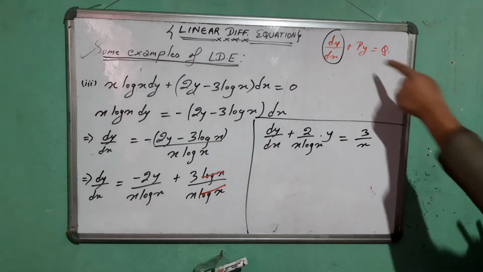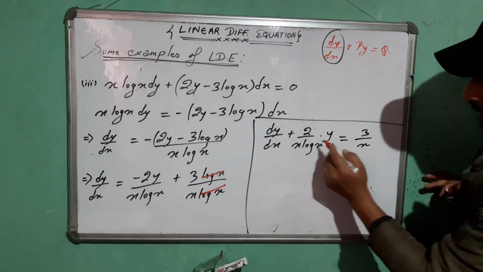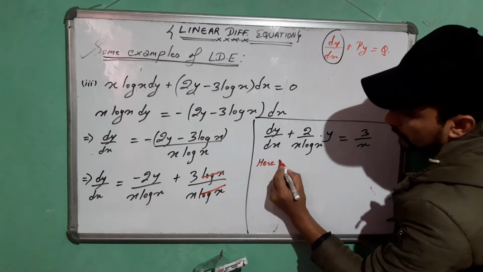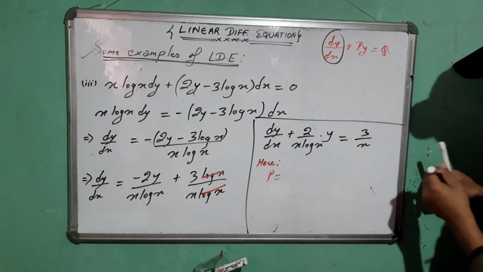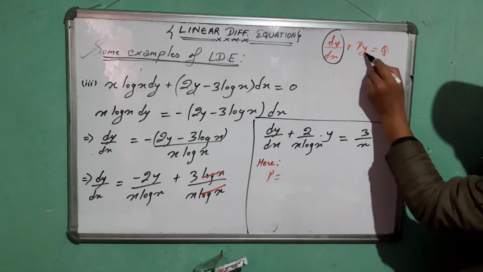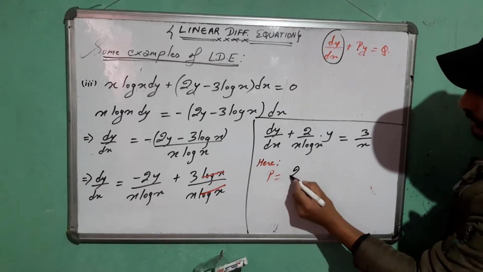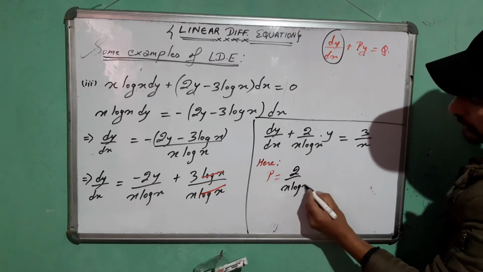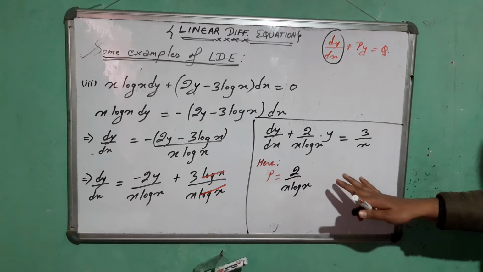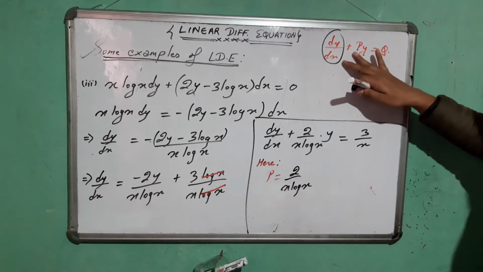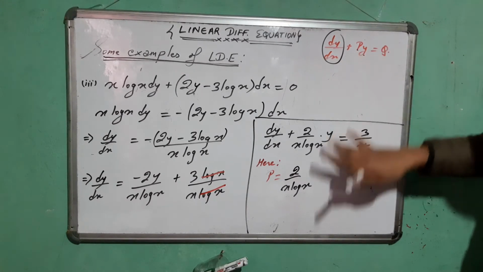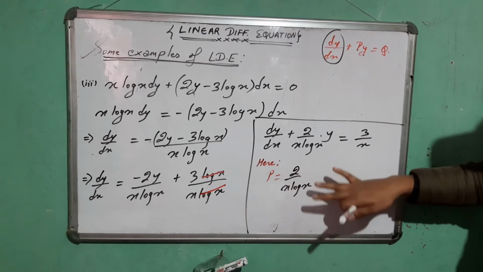So comparing with this one, here p means the coefficient of y is 2 by x log x. So our condition for p is that p should be either a constant or a function of x. So we got p as a function of x.